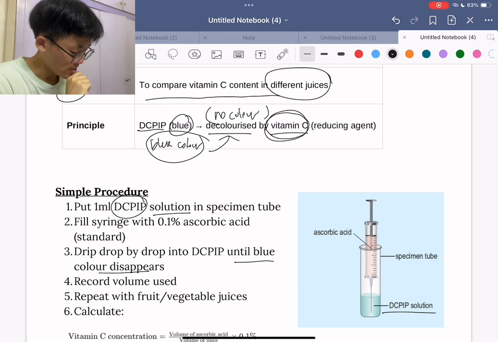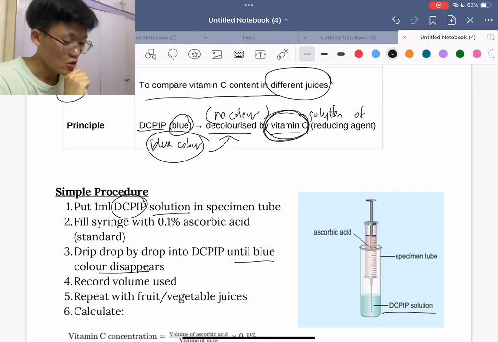by vitamin C. So it measures how much of the vitamin C solution is needed to decolorize the DCPIP solution.